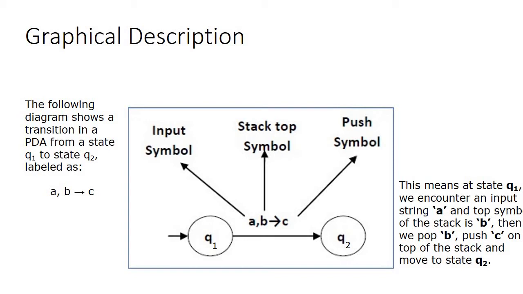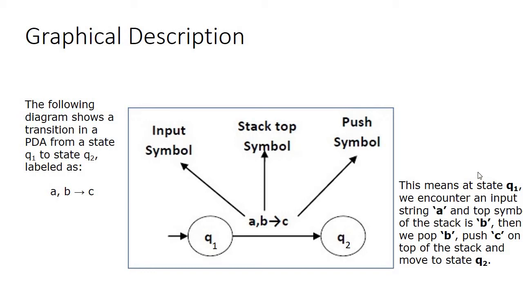Normally we use Q1 or Q2 just to define the state structure, and these state names help us structure a transition table or the transition function. Normally in the finite state machine we simply keep the input character over the transition, but here we have two things. One is the input symbol, the other thing is the stack operation.